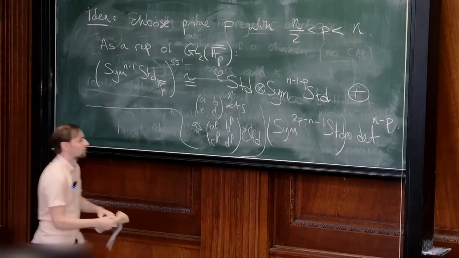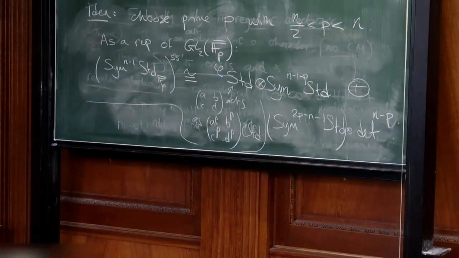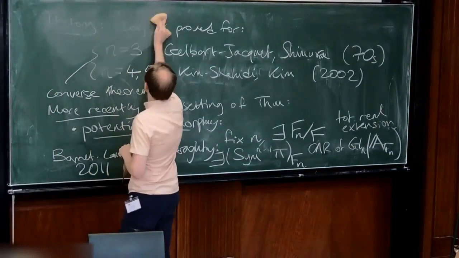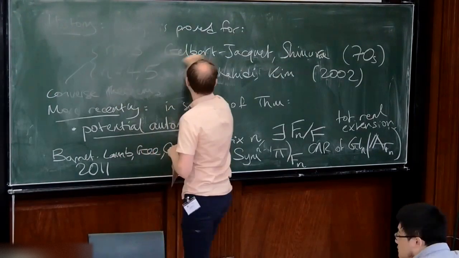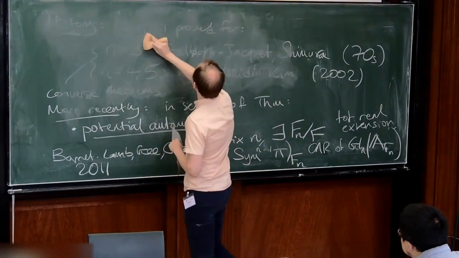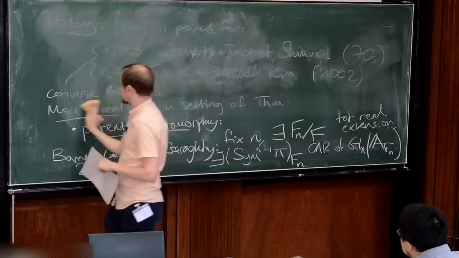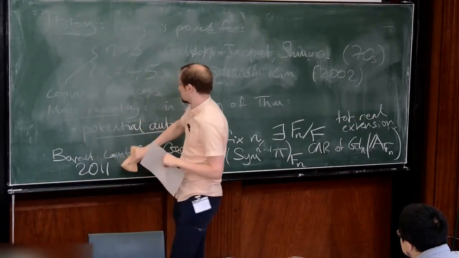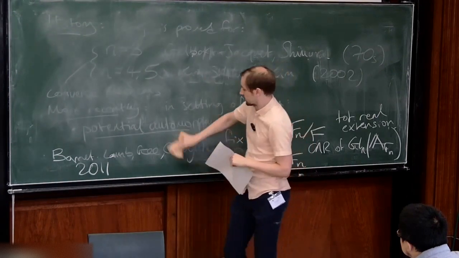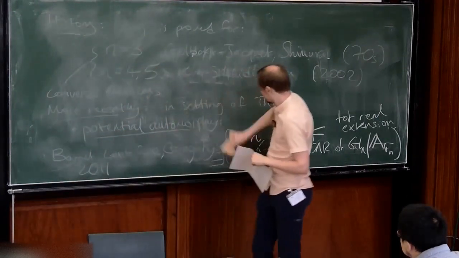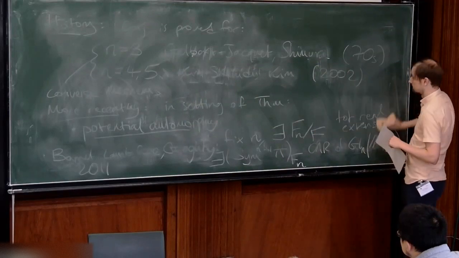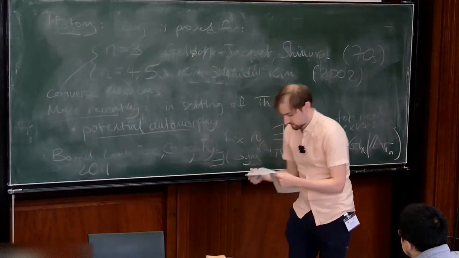Now let me say a bit more about how Jack Thorne proposed to use this. This reducibility in characteristic p means that if we take our p-adic Galois representation r_{pi,iota}, pick a Galois stable lattice and reduce modulo p, then we'll end up with a reducible mod p Galois representation. We'll write something corresponding to that.